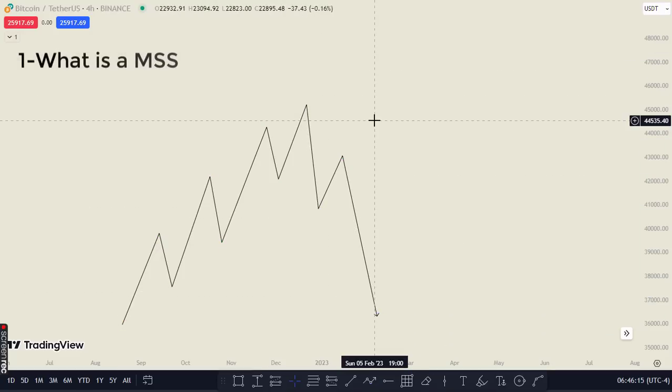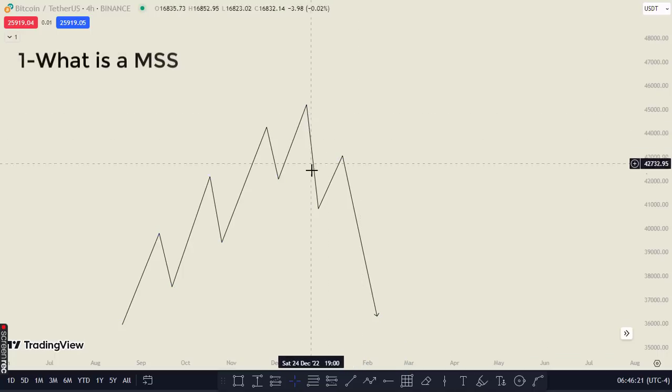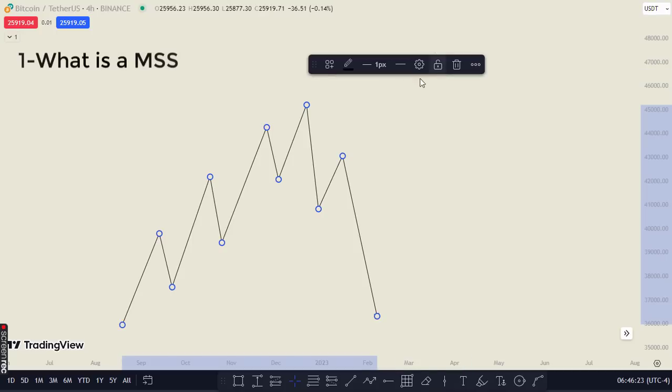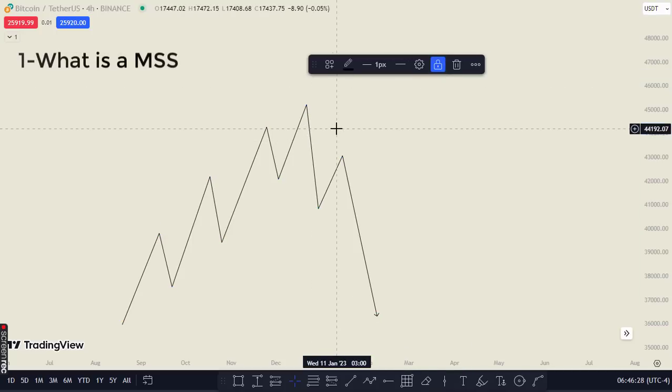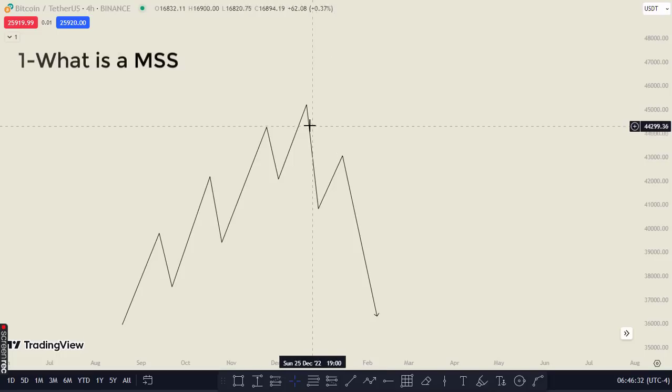Now, what are the properties of a market structure shift? First of all, the first thing is the displacement leg. You see this displacement leg right here? This has to be energetic. Now, how do you know if it is energetic or not? You will see big candles.